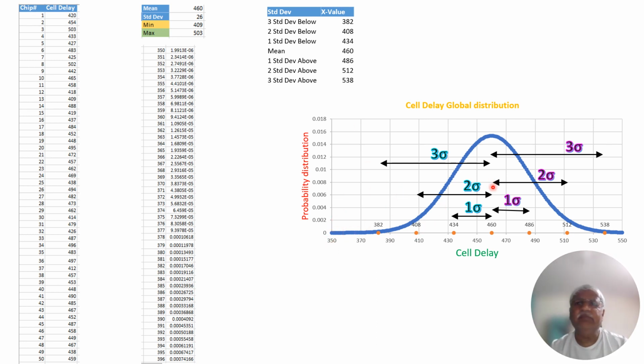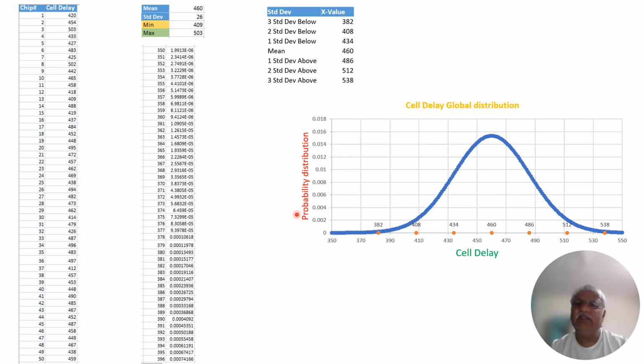To give some more explanation, this is the mean value here, and this one is the 3 sigma standard deviation below this point. And this point is 3 standard deviations above the mean here. And these are the minimum and maximum values.